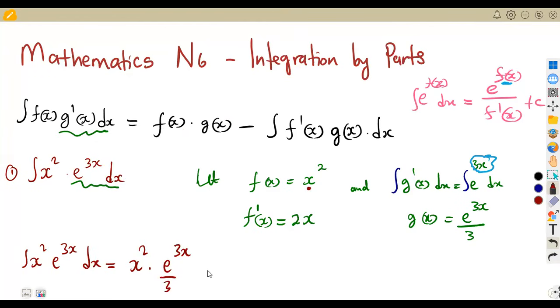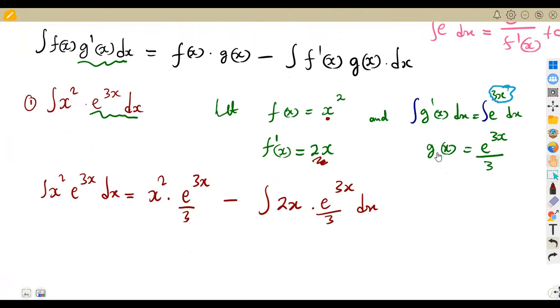All right, let's move on. Minus the integral of the first derivative of f of x, which is 2x, so that will be 2x times g of x, which is e to the exponent of 3x over 3, with respect to x. So we're going to integrate this whole part with respect to x.